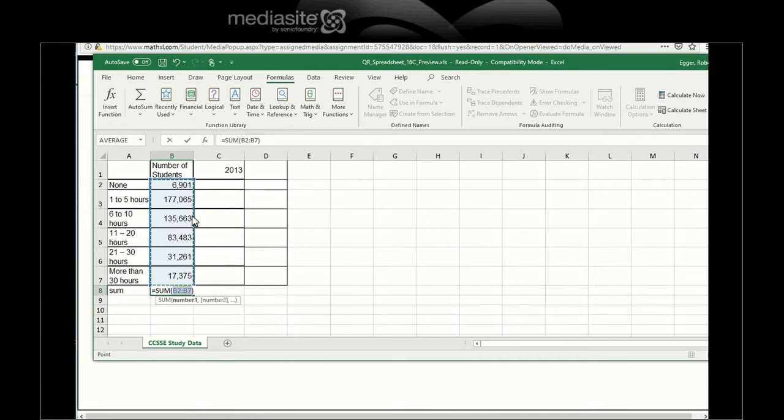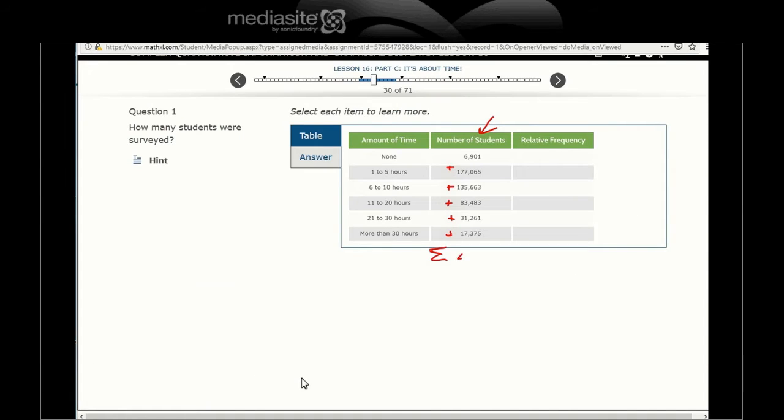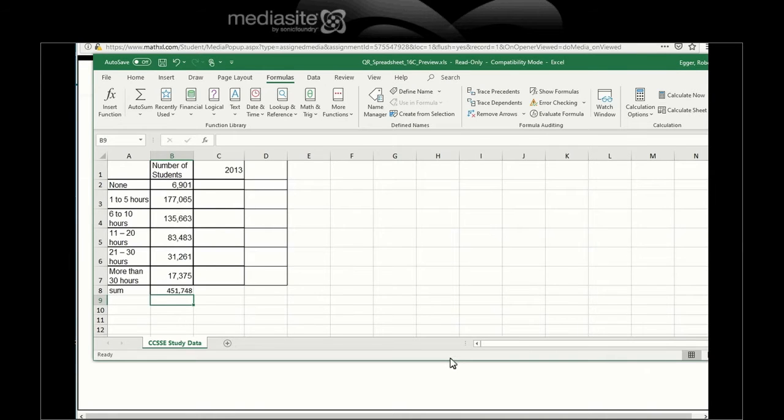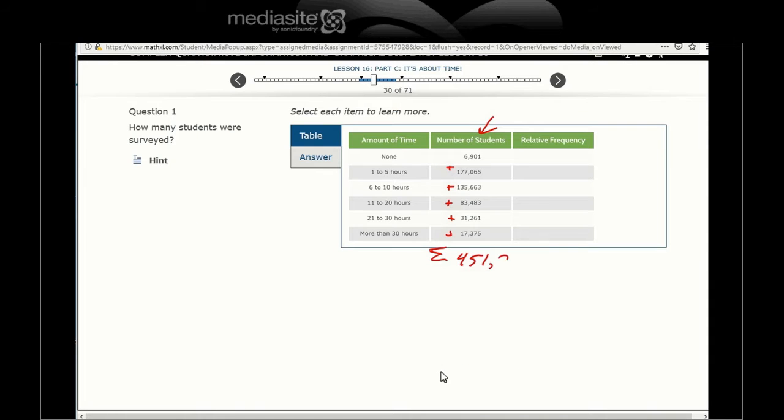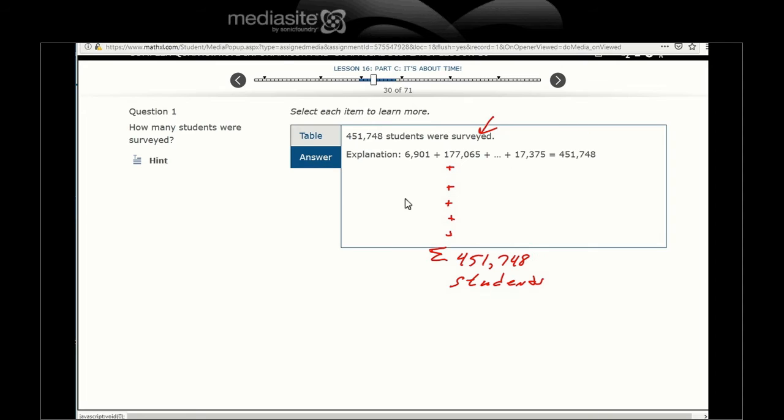What's my enter button? It appears to be 451,748 students were surveyed. So, yep, add them all up, 451,748. Very good.